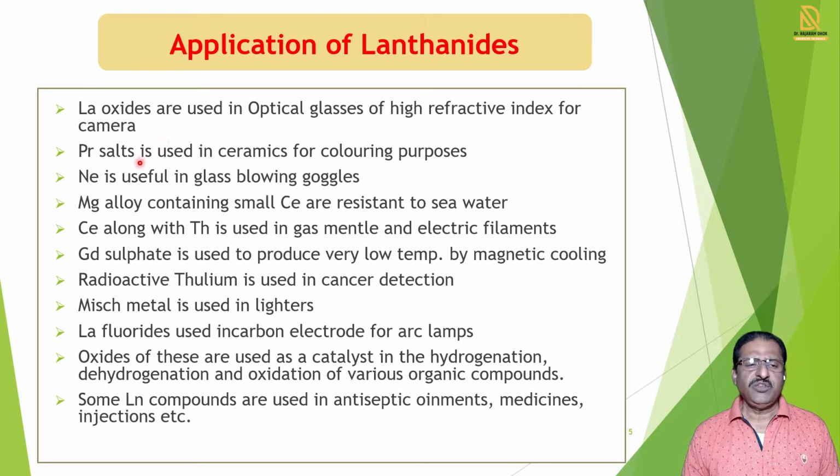The second use is the Pr salt, or praseodymium salt. Praseodymium salt is used in ceramics, and ceramics are generally used for different purposes; in ceramics, praseodymium salts are used for coloring purposes. Then Nd is useful in glass blowing goggles.